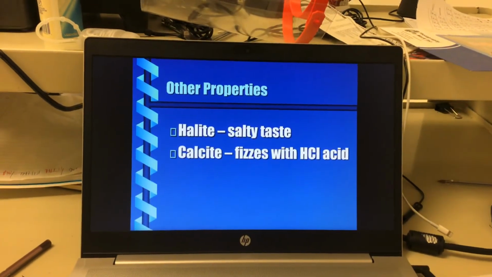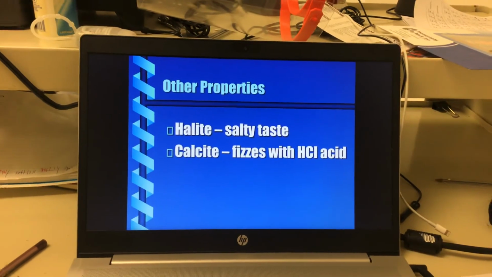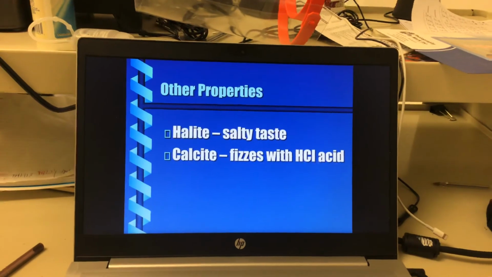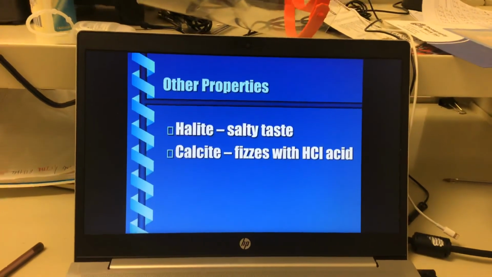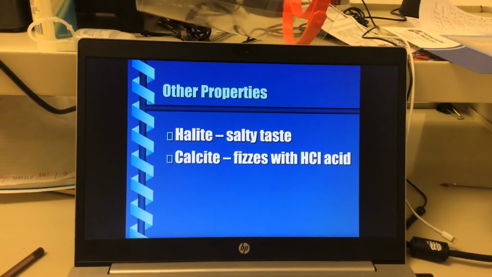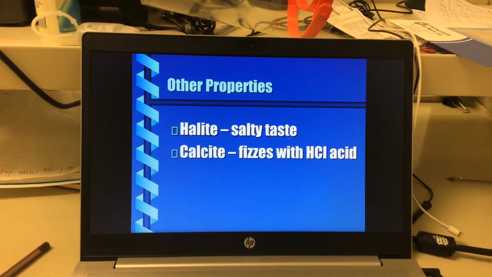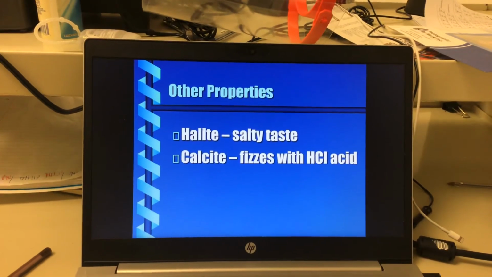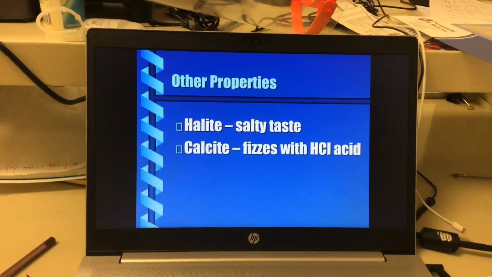And he's always digging his pickaxe into the snow and then licking it. Now, if I had to guess, I would say he's mining for halite. Calcite has a chemical reaction with hydrochloric acid. When you put it in there, it gets fizzy. So some minerals have certain properties. Some of them are magnetic.